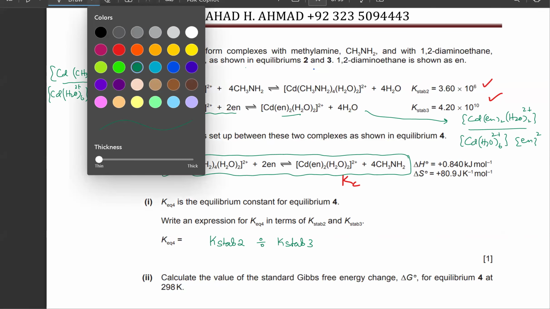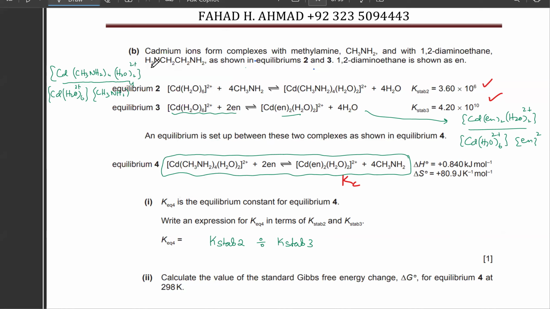I mean, you can write the whole expression, but you'll get the same thing: if you write the expression for this, it's this expression getting divided by this expression. Is that clear?